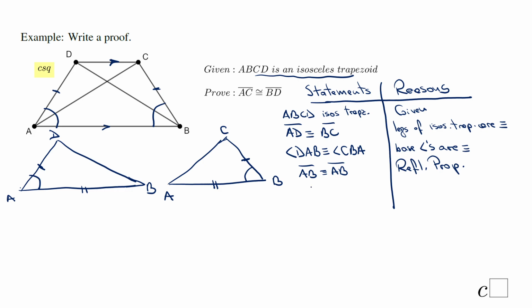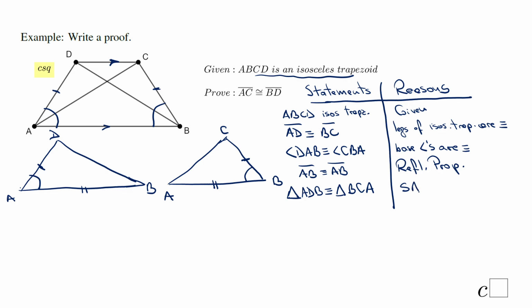So now we can say about the 2 triangles I drew, triangle ADB congruent, and for the second one you really need to be sure you put the corresponding parts, so it's going to be triangle BCA are congruent. Based on what theorem, what criterion, can you use here?